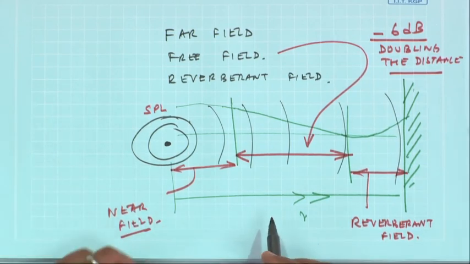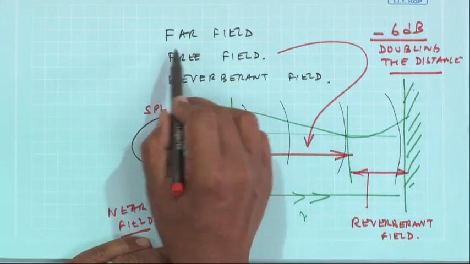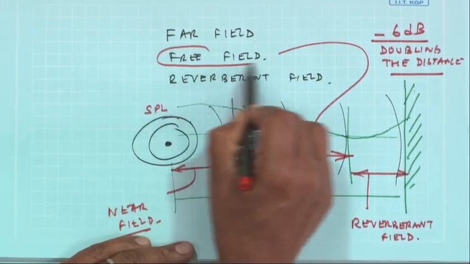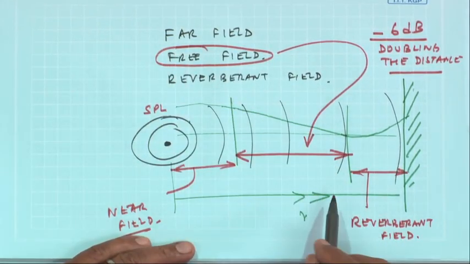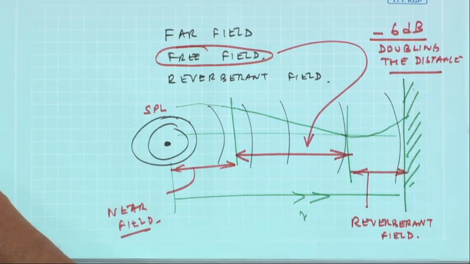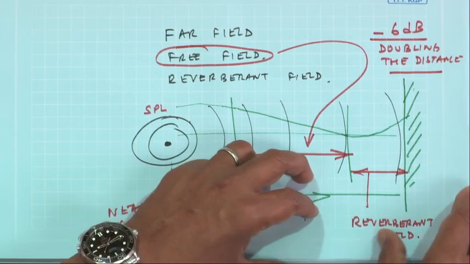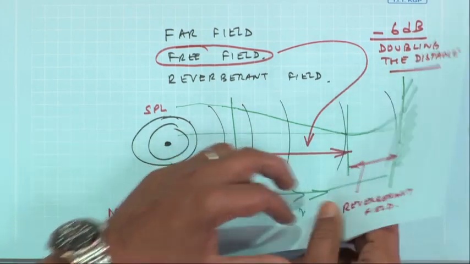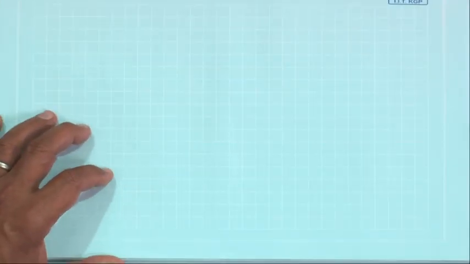So when you are doing noise monitoring of a machine, it is good that we always do the measurements in the free field. But in reality, in noise monitoring of machines, we will have many obstacles.